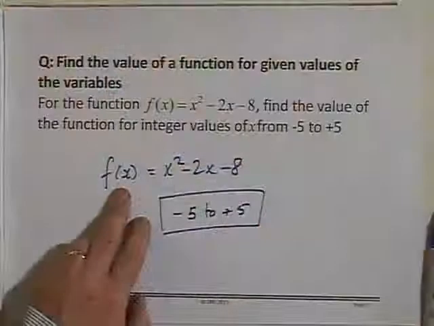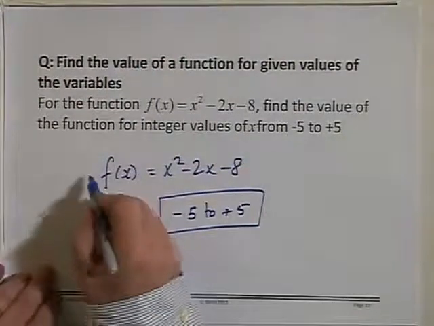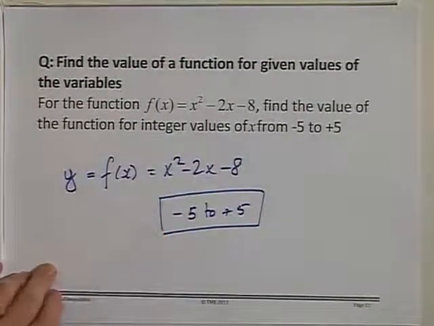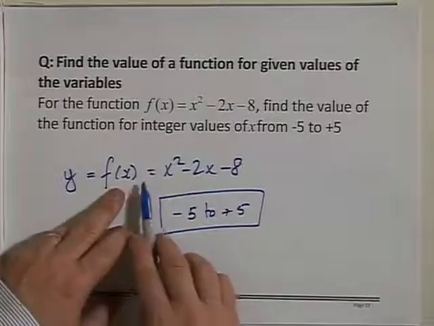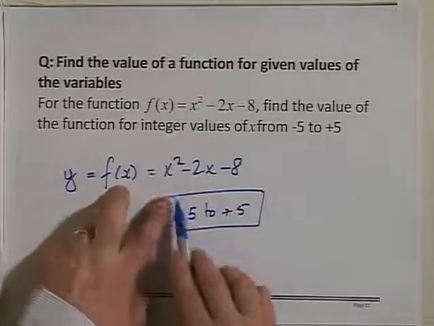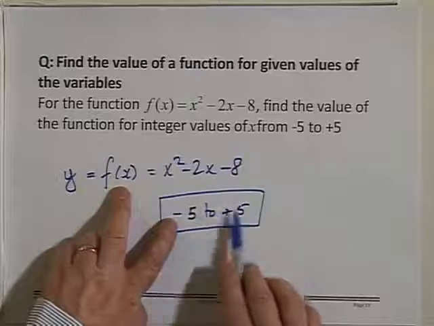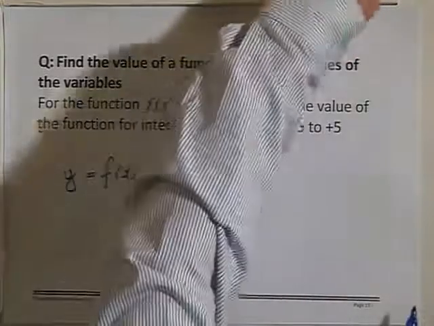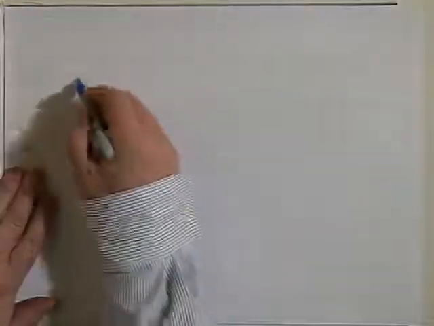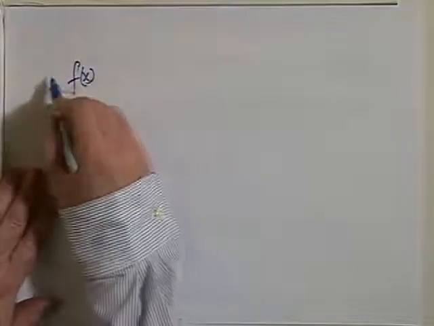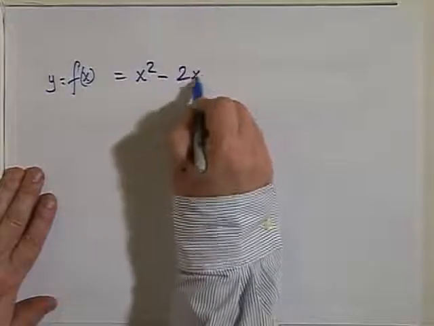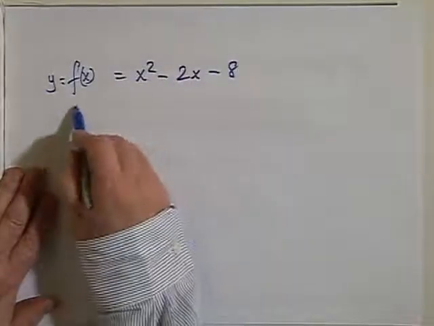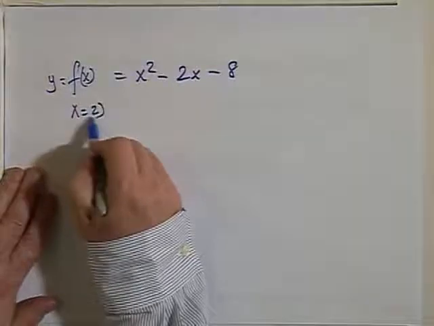So this f(x) is really another expression for y. Nothing more, y is equal to this here. Just the function is this. And we're now going to ask, what is the value of this function when x starts at -5 or when x goes up to +5? So what is the value of f(x) = x squared minus 2x minus 8 when x is equal to, say, 2?